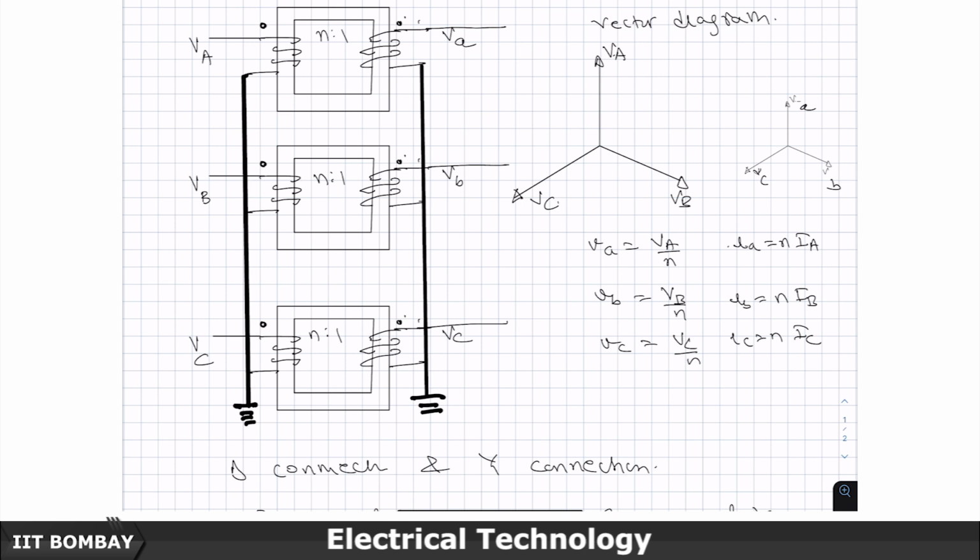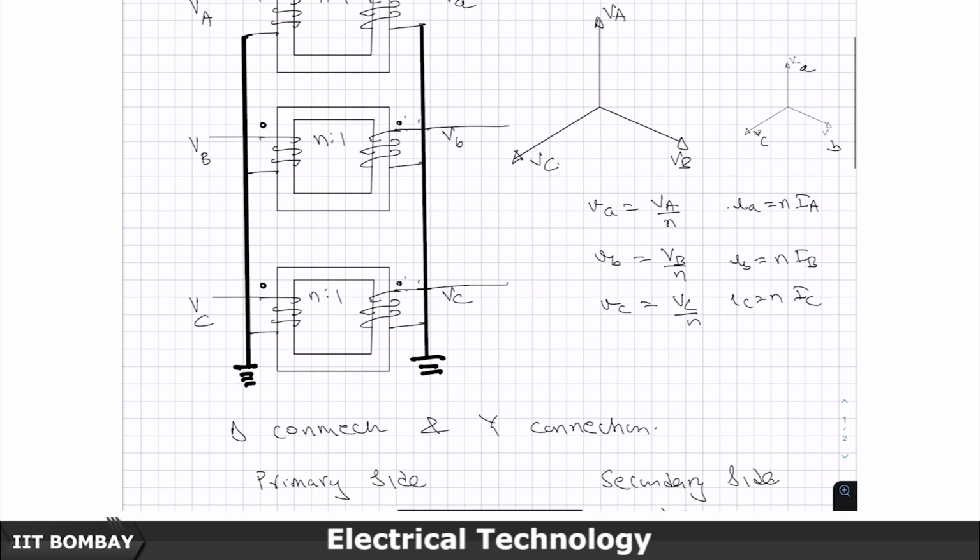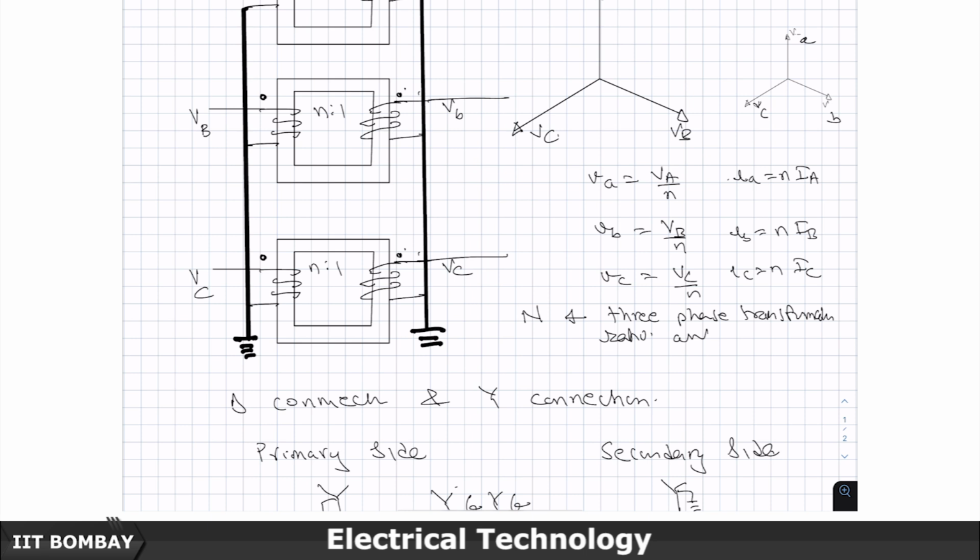Usually in this coming lecture, as you will see as I go further, I will use capital N as a notation for 3 phase transformation ratio, and you will see this in more detail. It can even be a complex quantity, but in this particular simple example, n is equal to n.